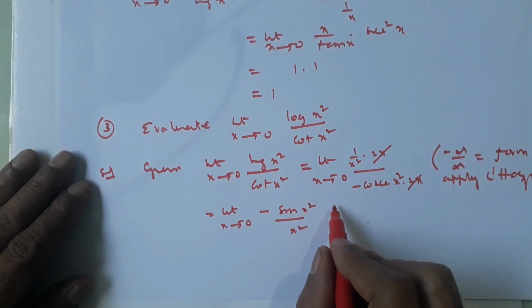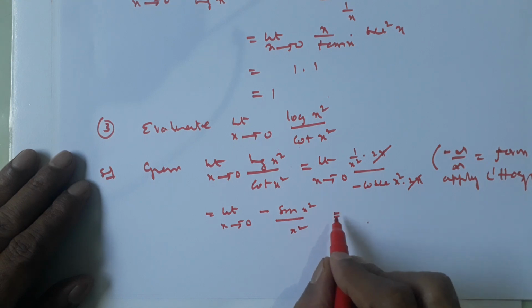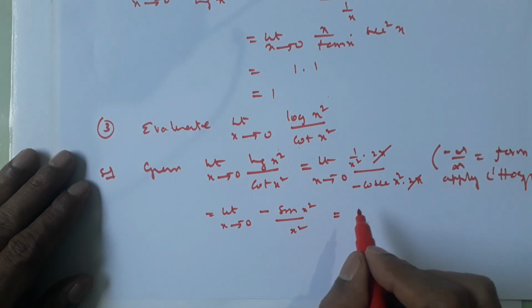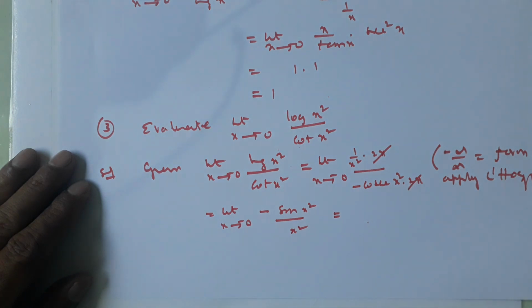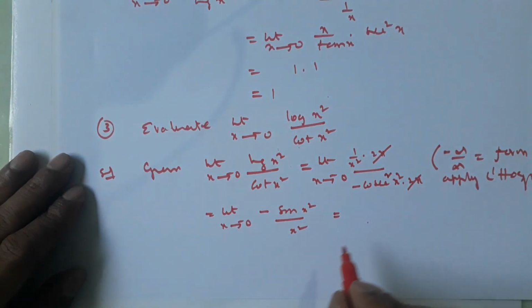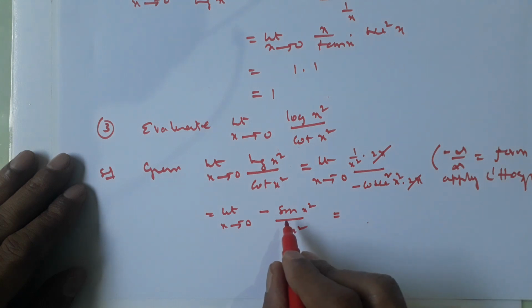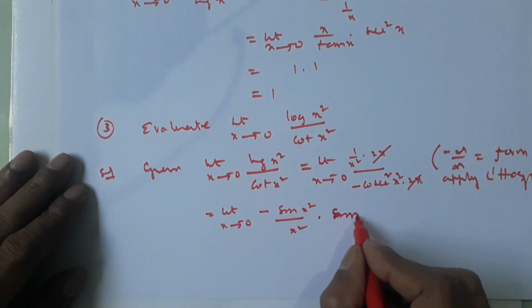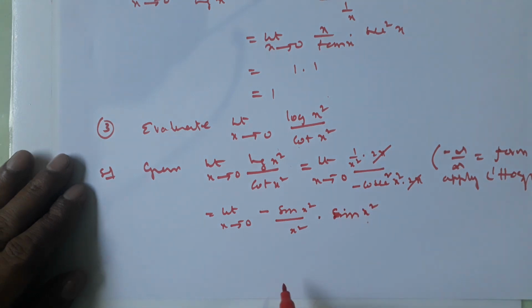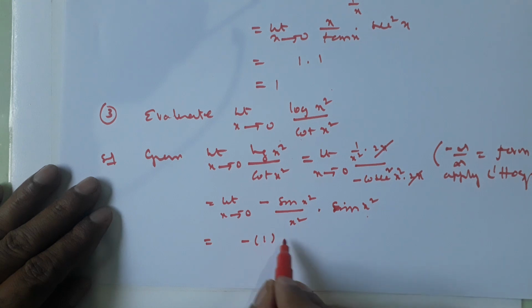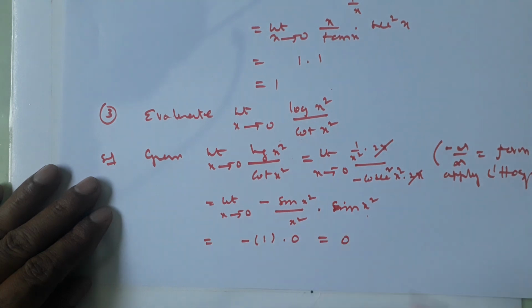Since cot x is cosecant square x square, it is minus sin x into x square, and again one more sin x square is there. So this value is minus 1 into 0, which is equal to 0.